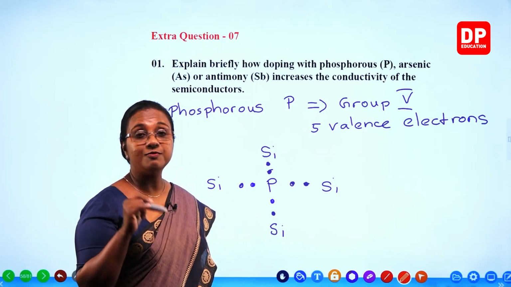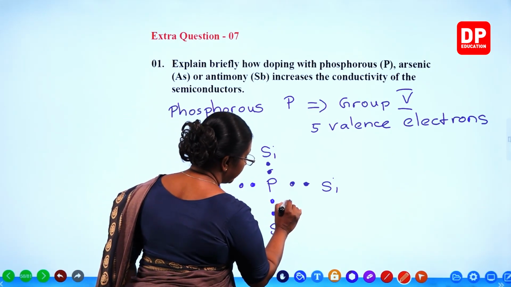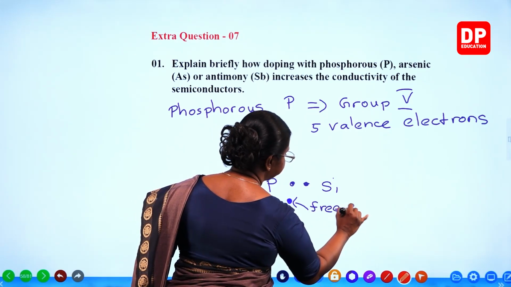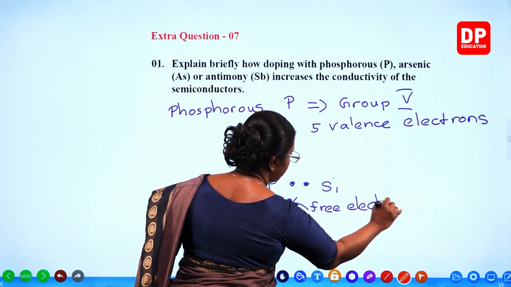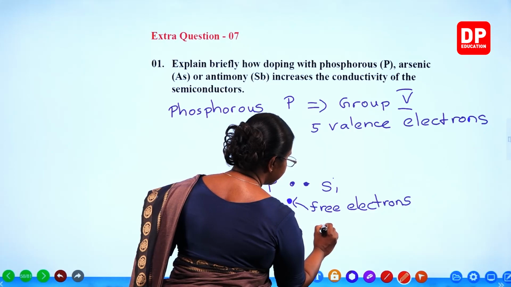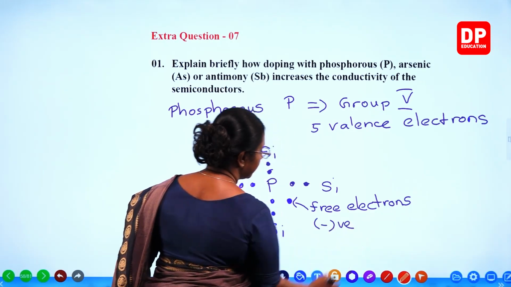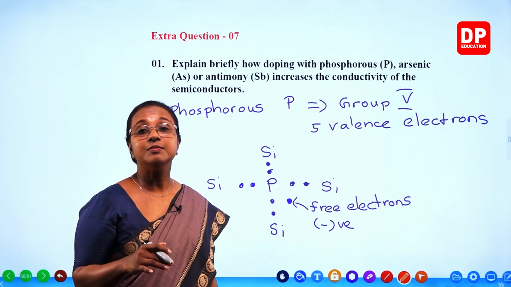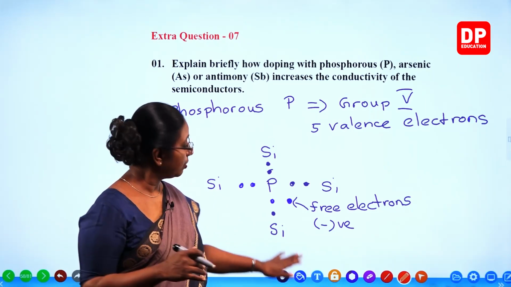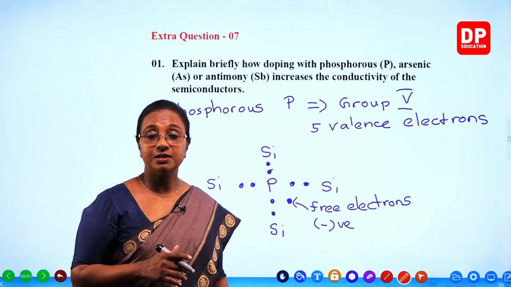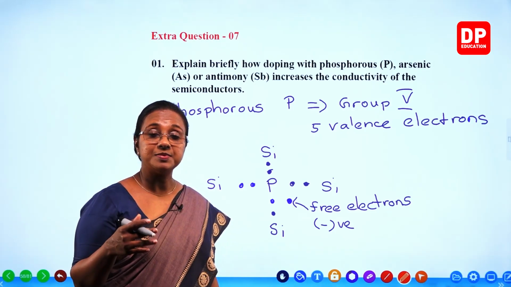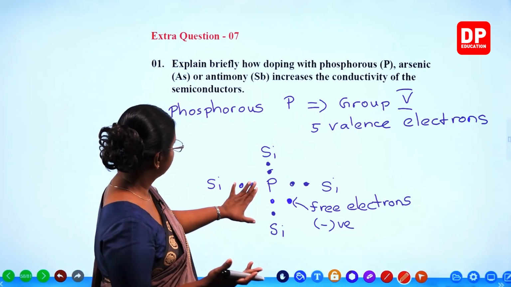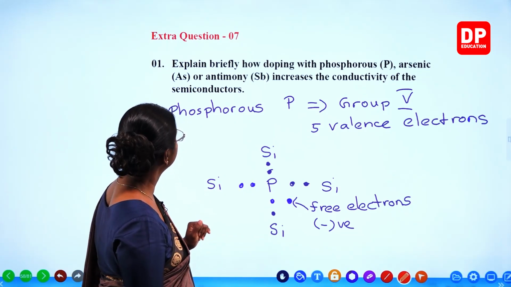There will be 1 free electron. Now electrons are negative charges. So that means there will be more negative charges than positive charges there. Now it is not electrically neutral and it becomes an N-type, negative type semiconductor. So that is what happens here.